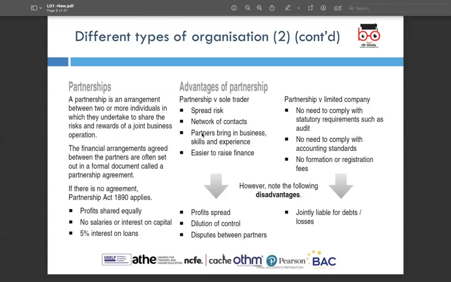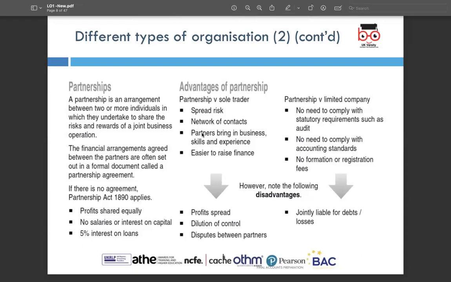Each partner brings unique skills, expertise, and client relationships, which collectively enhance the business's capabilities. Moreover, partnerships find it comparatively easier to raise finance due to combined assets and shared liability, making them attractive for securing loans or investments.